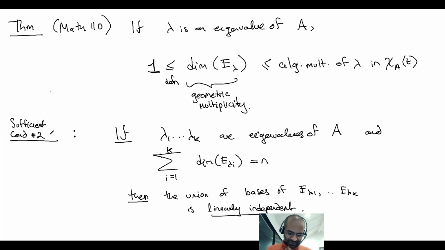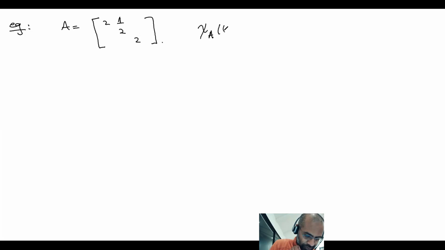I should mention that this doesn't always happen, so let me just show you an interesting example. If you just look at the matrix A equals 2, 2, 2, 1, its characteristic polynomial is the determinant of 2 minus t, 2 minus t, 2 minus t, 1.